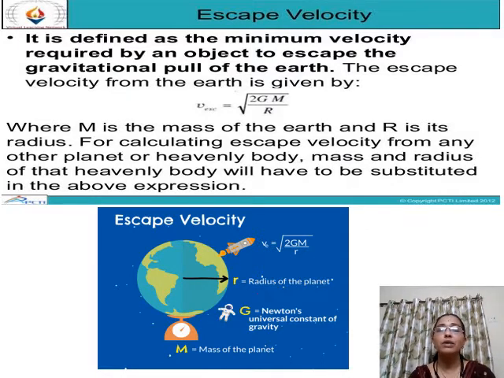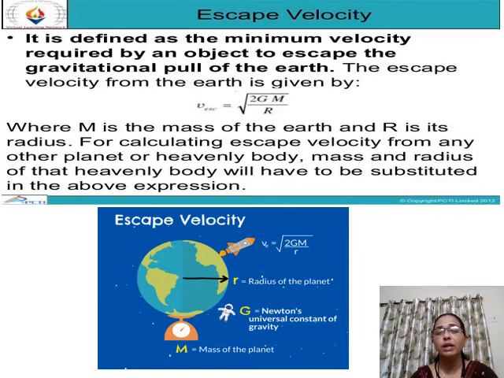The maximum height reached above the earth's surface depends upon the initial velocity. You have to find out the initial velocity to make the object reach higher. The higher the initial velocity, the higher the object will reach, and it will oppose the force of gravity. When the object has reached very high above the earth's surface, we call this escape velocity.